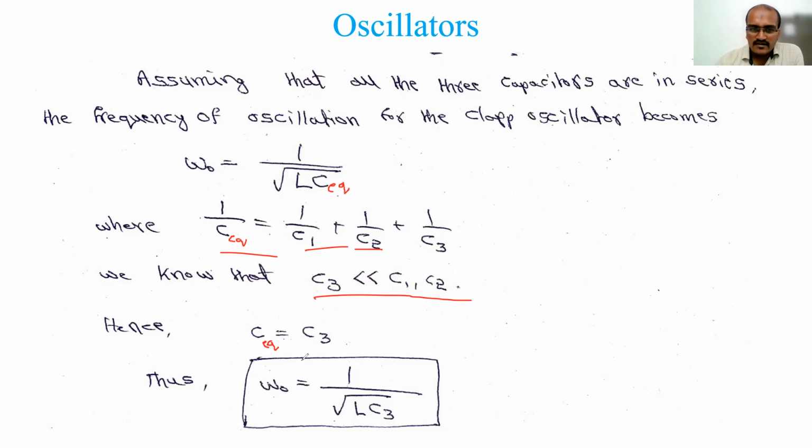Because of that, C equivalent can be written as C3, and the equation becomes 1 by square root of L into C3. It does not depend on the rest of the tank circuit. Only L and C3 are multiplied, square root taken, and reciprocal gives the frequency of oscillation of the Clap oscillator.